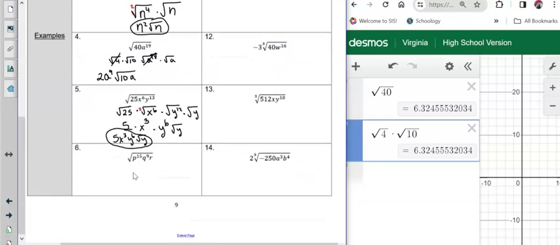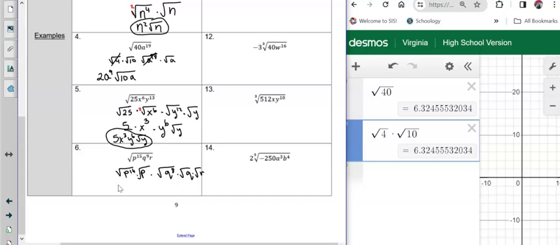One last example I have here. So I'm going to rewrite the perfect square here. So I'm going to say p to the 14th times square root of p, I should say, times square root of q to the 8 times square root of q, and then times square root of r.